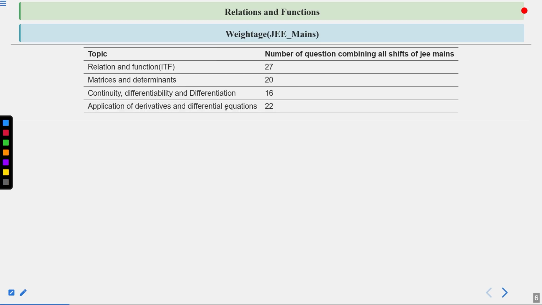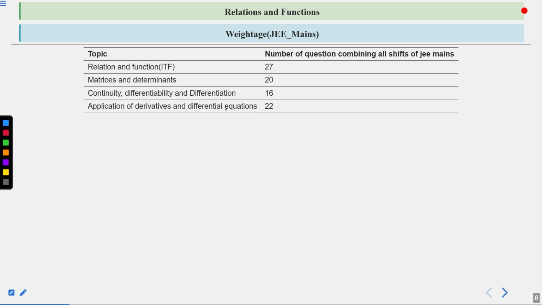Now here is some analysis of recent JEE Main exams, weightage according to the chapters and units, combining all the previous shifts of JEE Mains.